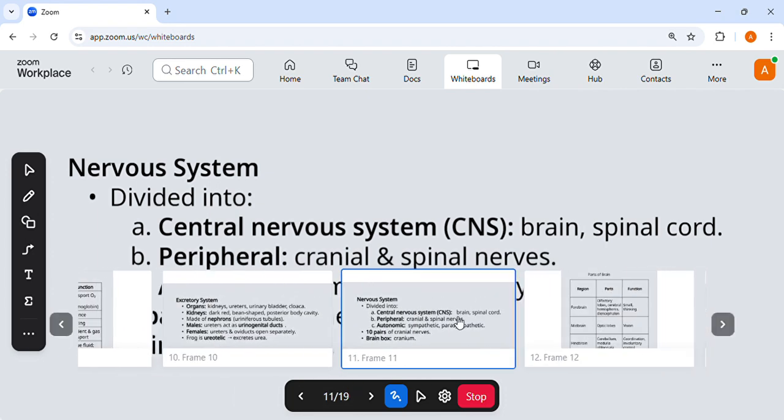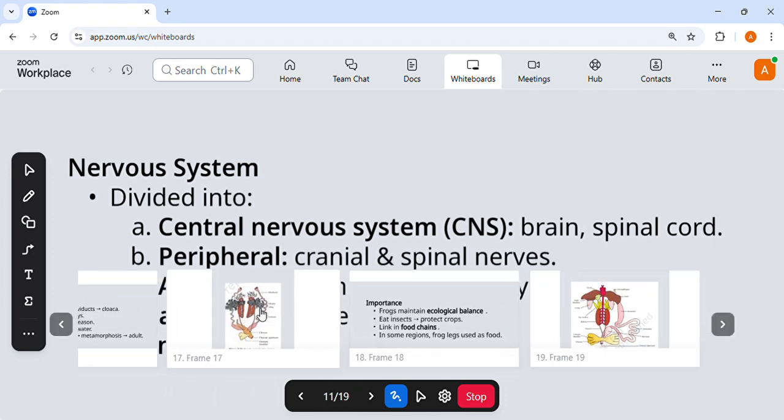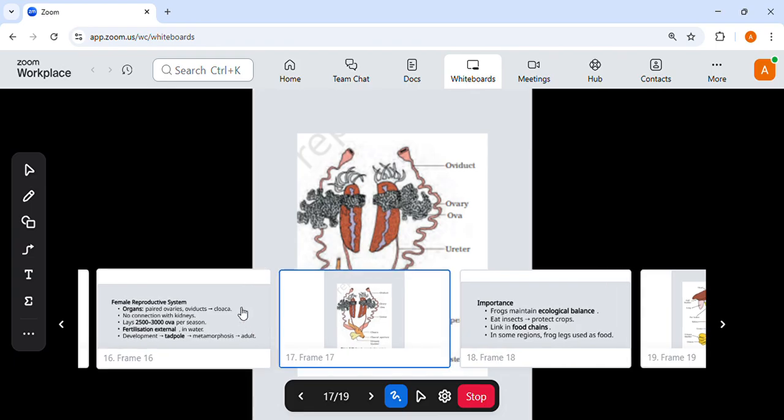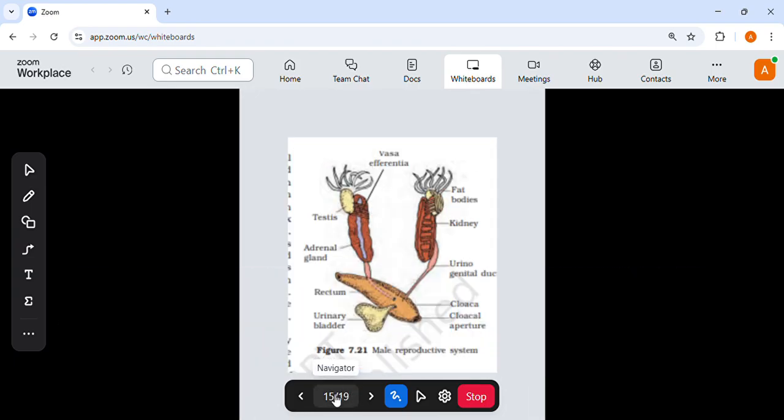See the diagram. You see, kidneys lead to the ureter, then to the urinogenital duct. In male, urinary bladder for storage of urine.